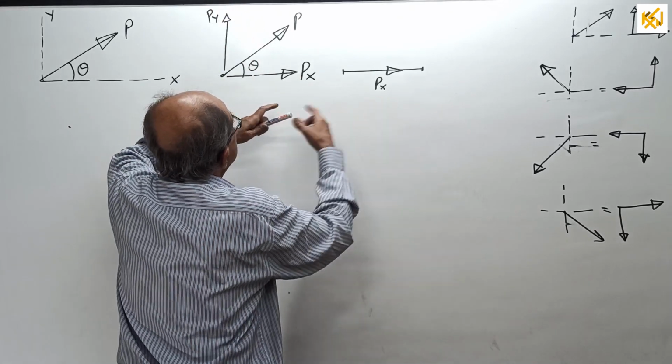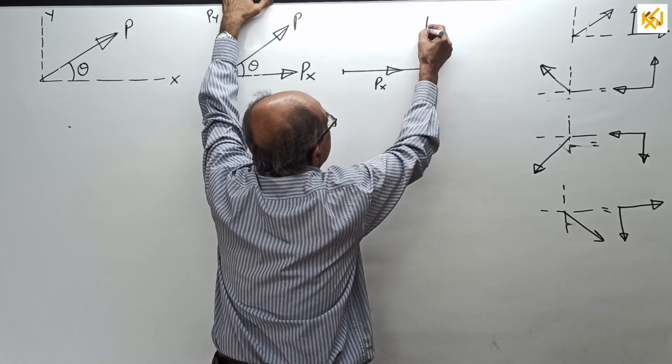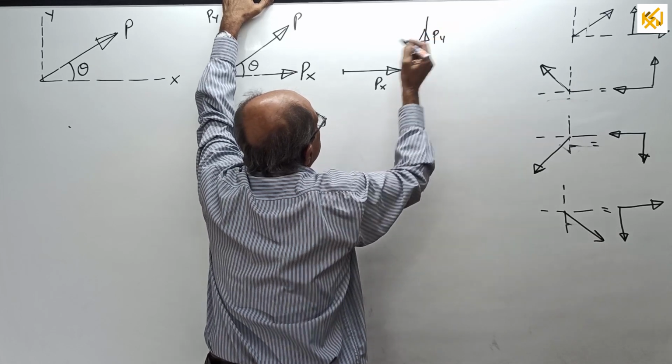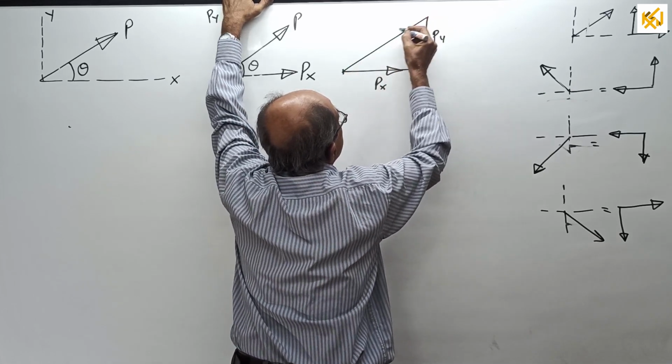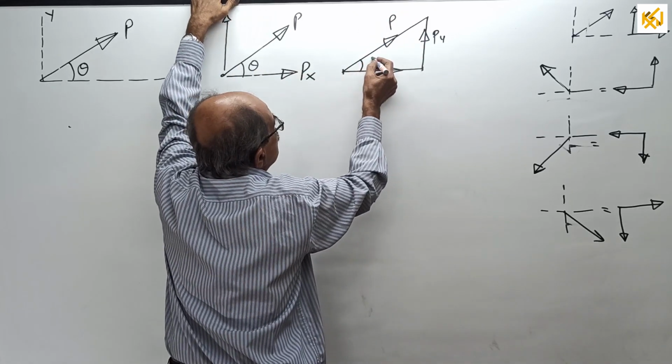Here see, Px, then Py goes this way. This is Py. Then this is the resultant, that is P. See, this is our angle theta.